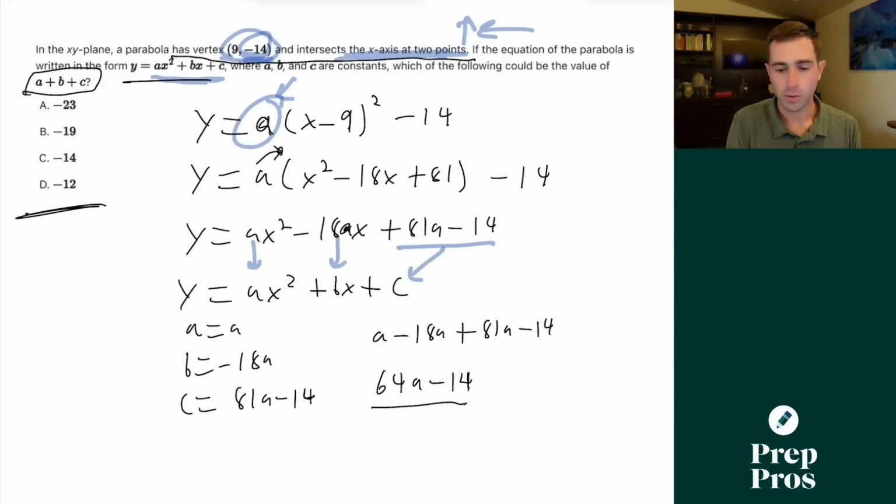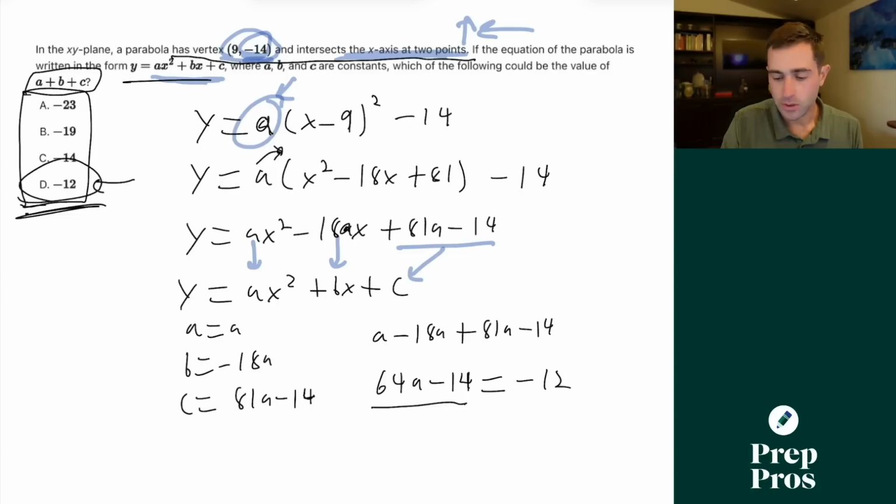So what we therefore know is whichever of these answer choices is correct, when we set it equal to 64a minus 14, it must give us a positive value. And that's why D is our right answer, because if we do 64a minus 14 equals negative 12, well, we add over the 14, we get that 64a is equal to 2, and that's going to give us that a is equal to 1 over 32.